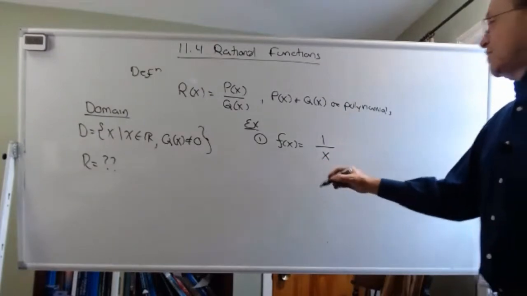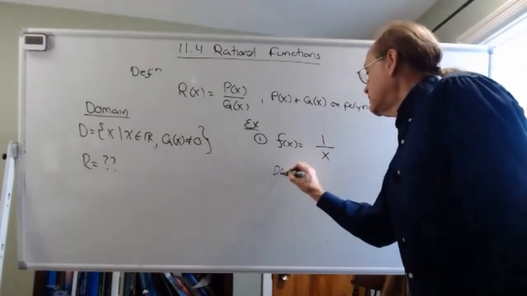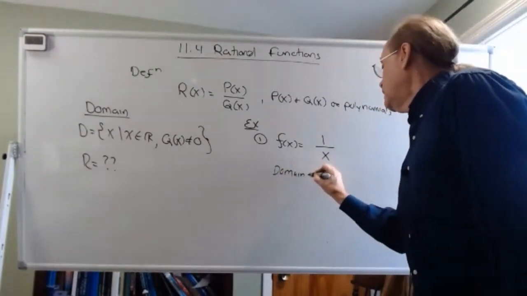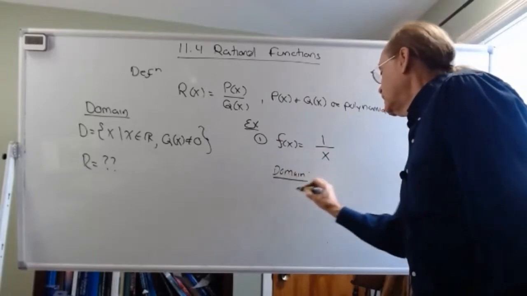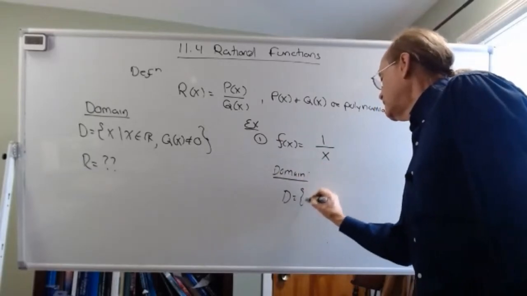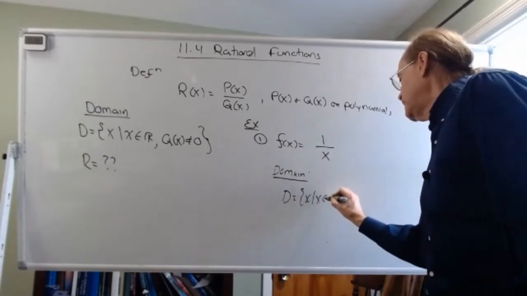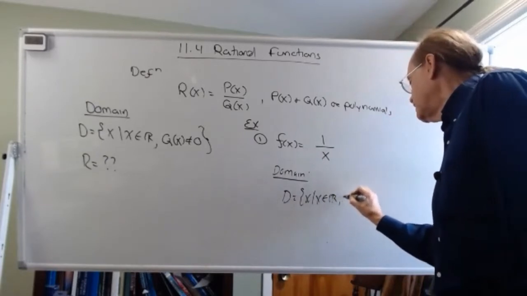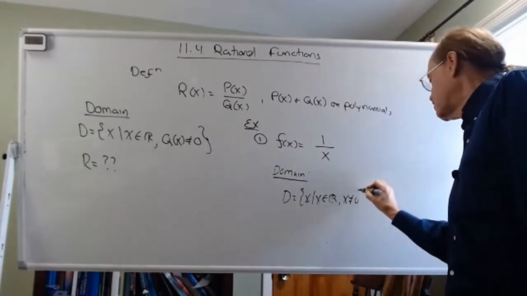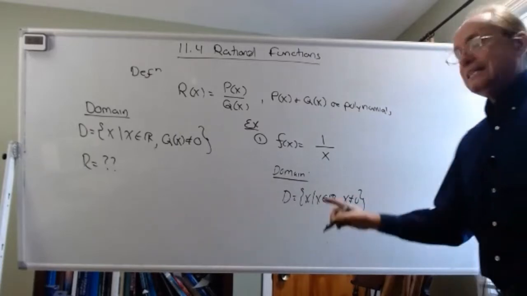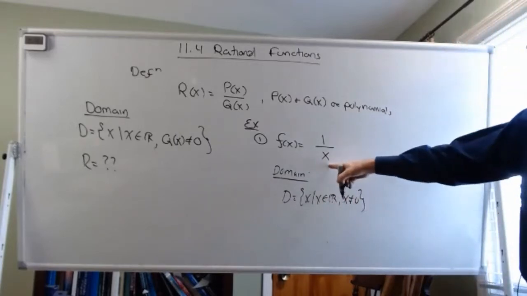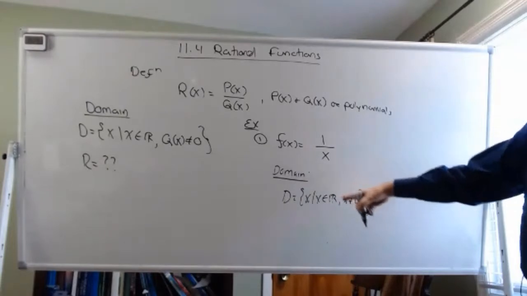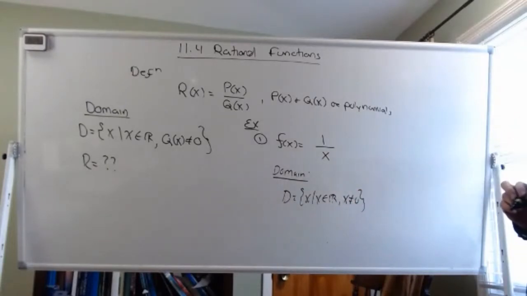If I'm looking at this, the domain is the set of all elements x. x can be any real number other than 0. We have to exclude 0. I set my q, which is x, equal to 0. I get rid of 0.